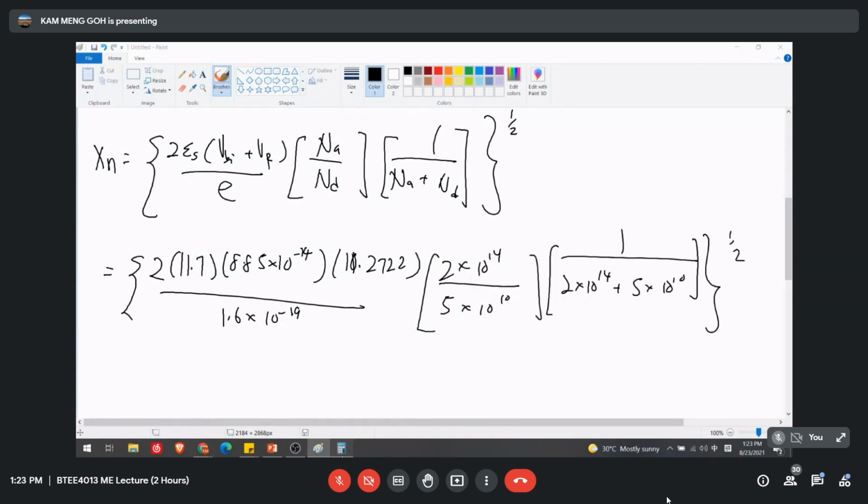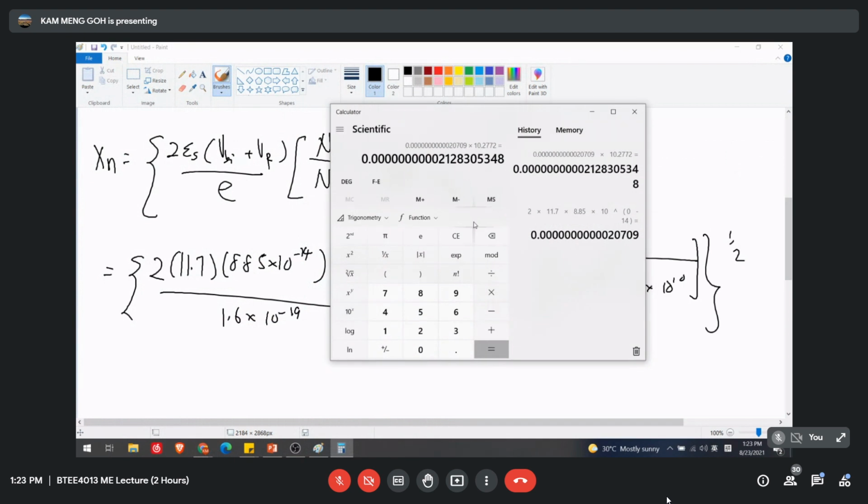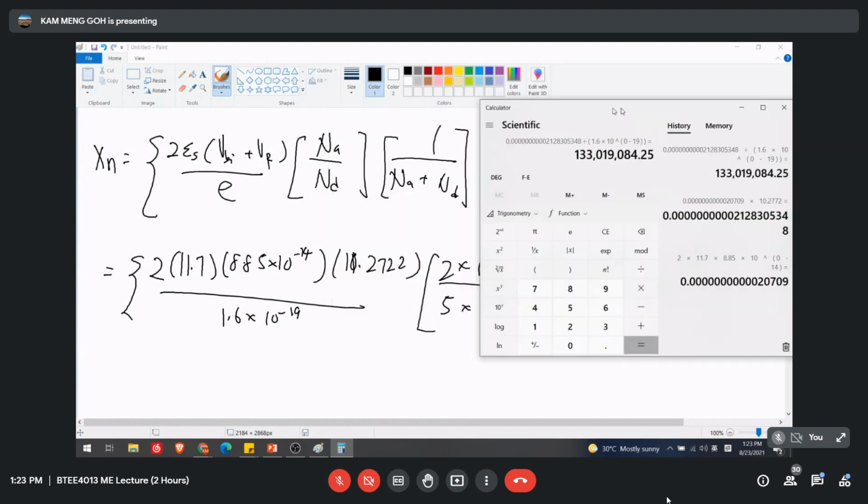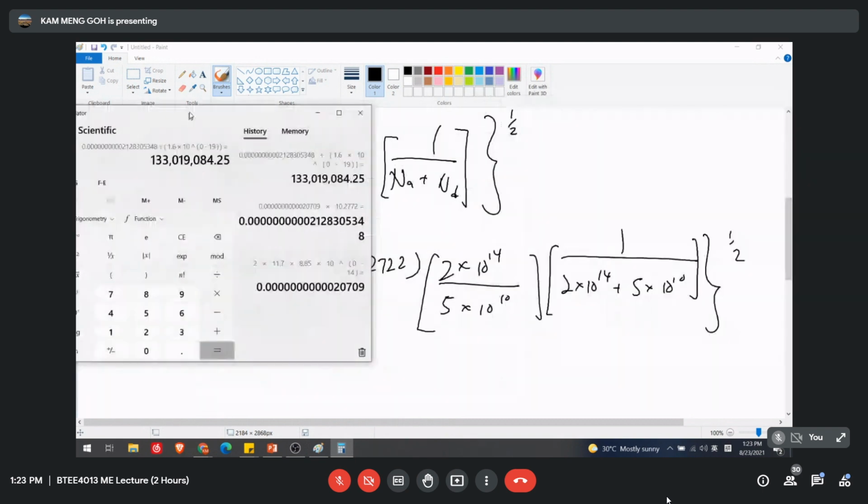Okay. And then this one divided by 1.6 times 10 to the power of negative 19. Okay, then you get this.